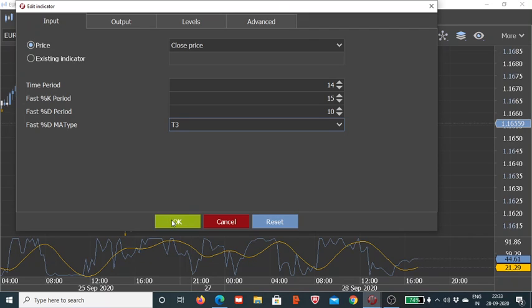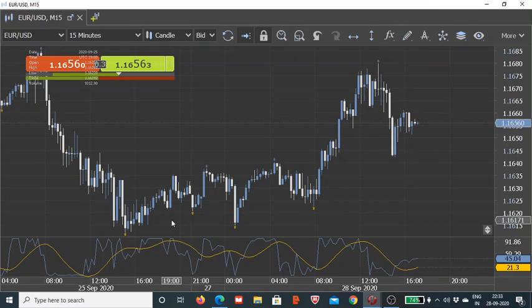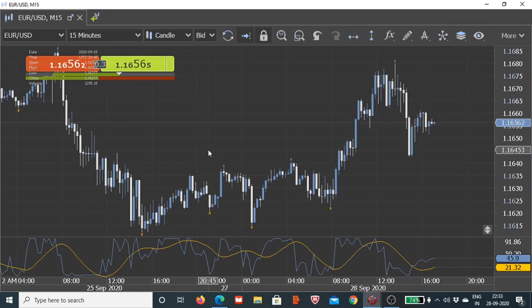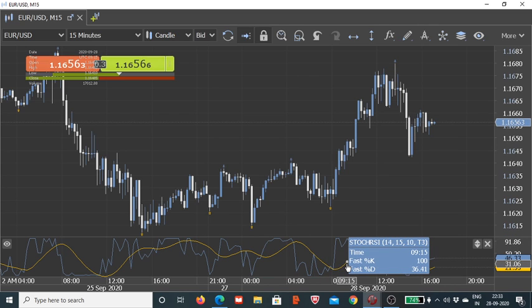So here, let's for example take T3, and as you can see, the plotting of the stochastic RSI is a lot different than what we were looking at when we were simply using the default values. This is what happens when you change the parameters and try different combinations.